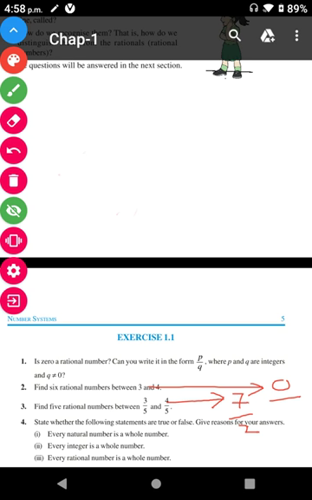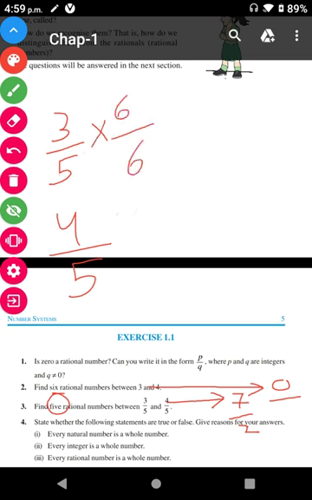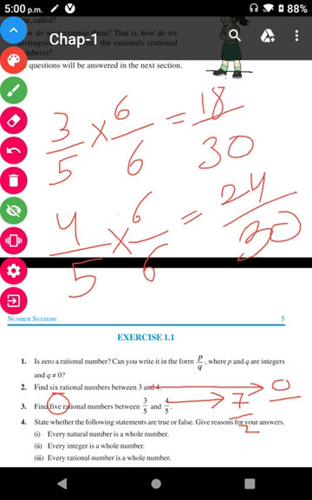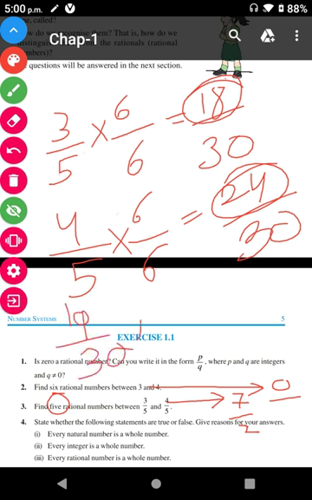Now the next question is 3/5 and 4/5. I'm doing this with the second method so that you are able to understand both methods. Here we have to find 5 numbers, so we multiplied with 5 plus 1, that is 6. Okay. Here 3 times 6 is 18 and 5 times 6 is 30, and here we have 24, which will become 19/30, 20/30, and so on.